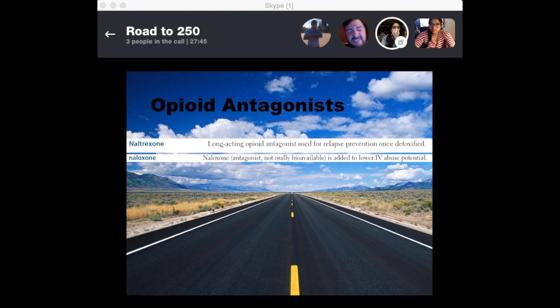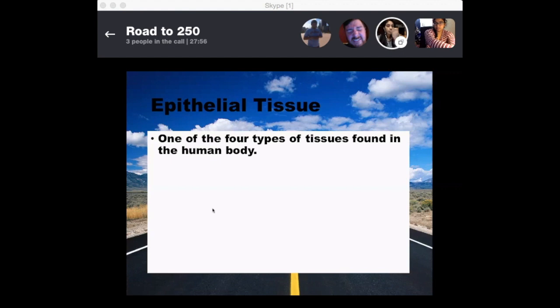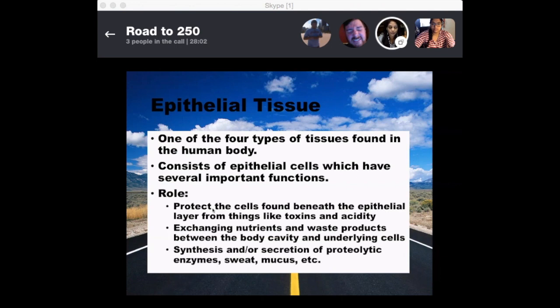Okay, so moving to the concept. Today I'm going to talk about epithelial tissue. So epithelial tissue is one of the four types of tissues found in the human body, and it has lots of important functions, including protecting the cells found beneath the epithelial layer from things like toxins and acidity.